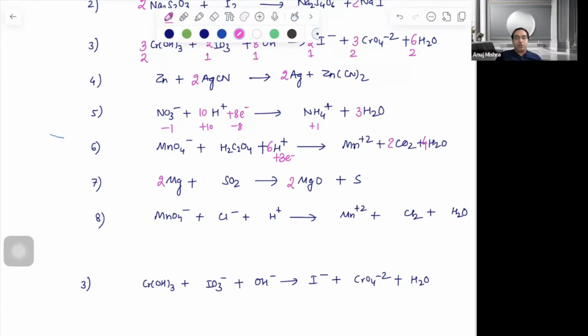Now coming to charges: minus 1 plus 6 minus 3 is plus 2, and the right side is also plus 2. So I think the 6th one is balanced. Everyone please complete it once. There should not be a problem in the 6th one. Complete the 3rd and the 8th one.